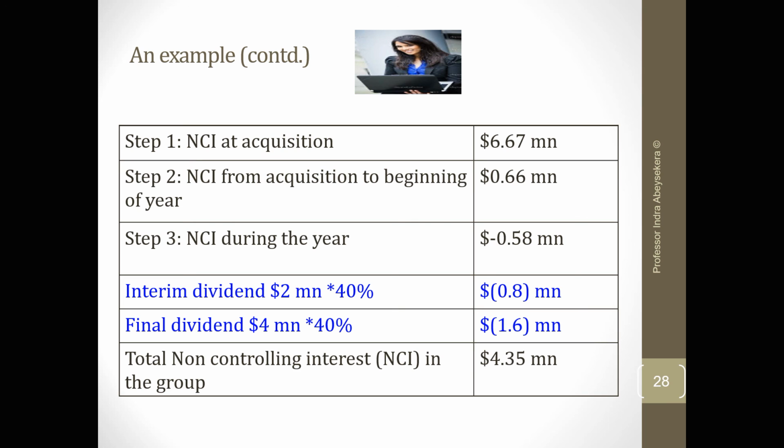So 40% of that will decrease the NCI portion of the shareholders' equity interest in the subsidiary. We decrease for the interim dividend, and for the final dividends also we decrease. We have to include that when we determine the total non-controlling interest in the group, and when we add all of it together, the total becomes 4.35.